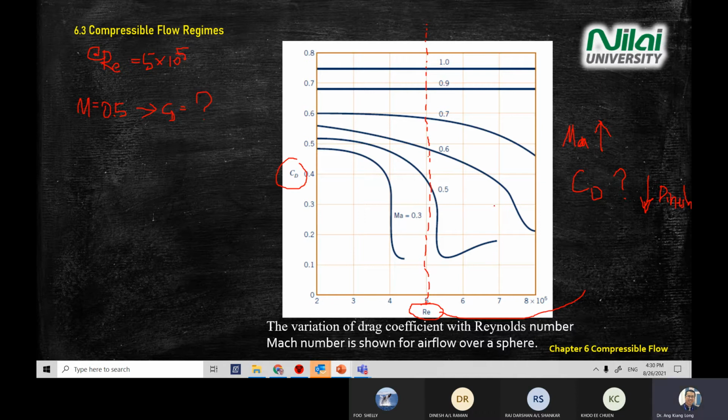If the Mach number is 0.5, what is the CD value? I focus on Reynolds number 10 power 5, according to the line that I drew. What is the value of CD from this graph?